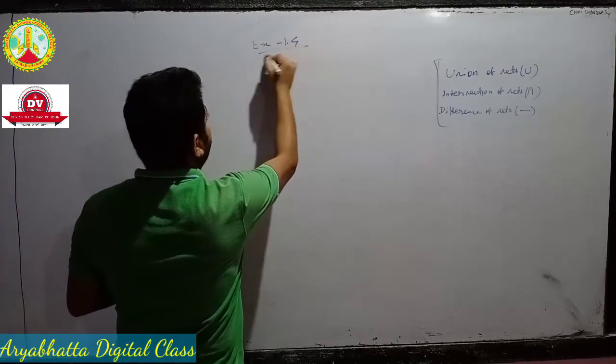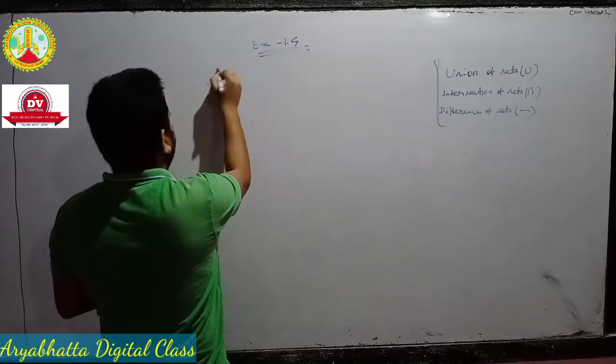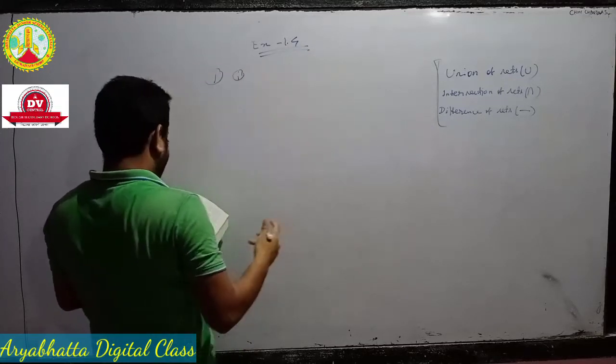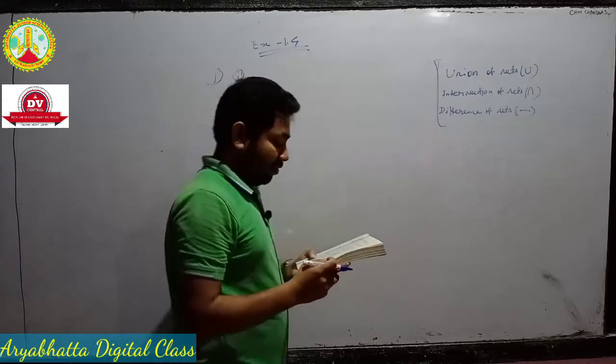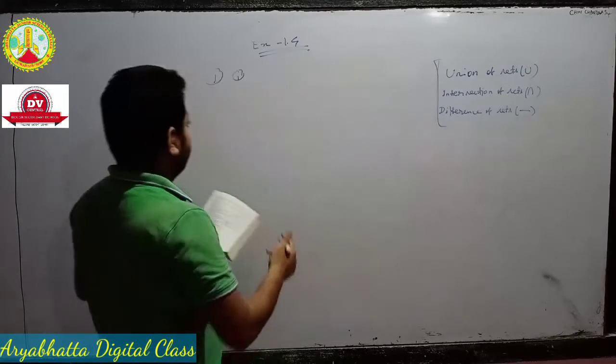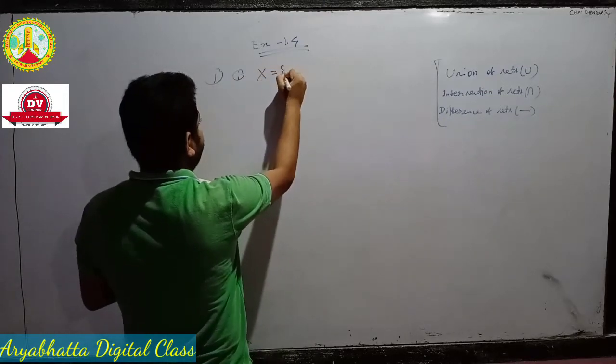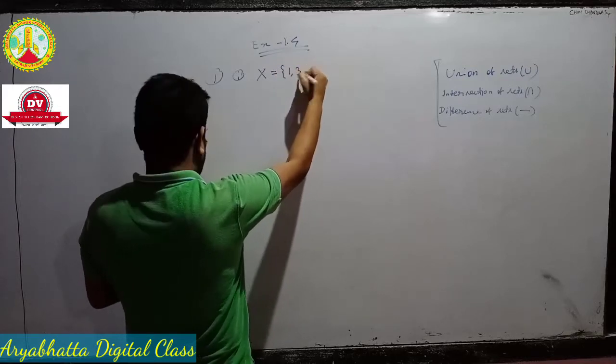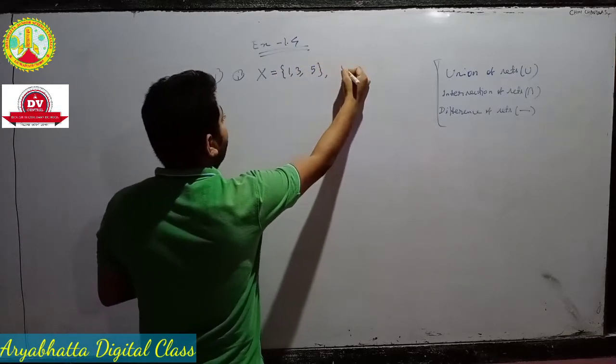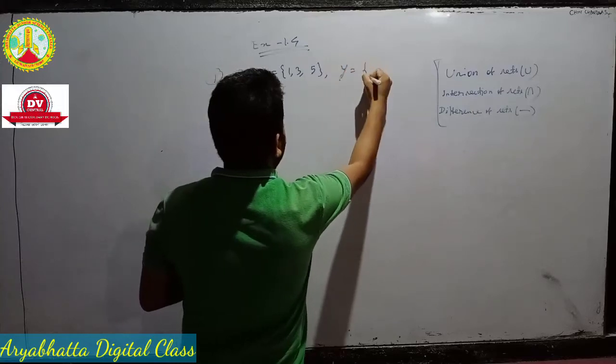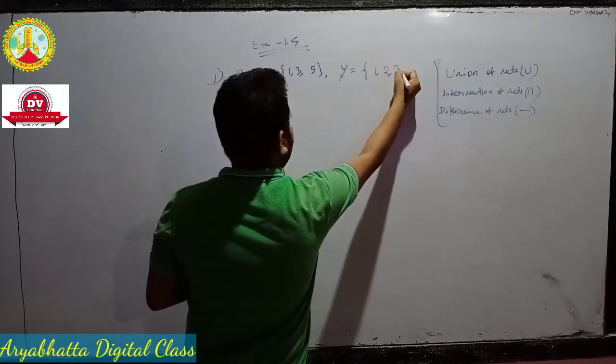Exercise 1.4, question number 1, Roman number 1. Find the union of each of the following pair of sets. The set x is equal to 1, 3, 5 and y is equal to 1, 2, 3.